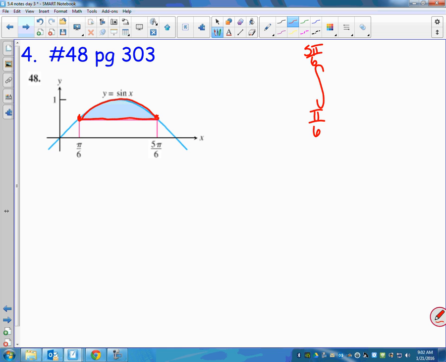If I just did the function, they tell me this is sine. If I just did the integral from pi/6 to 5pi/6, what would I be finding? What area would I be finding? I would be finding all of this, just from pi/6 to 5pi/6.